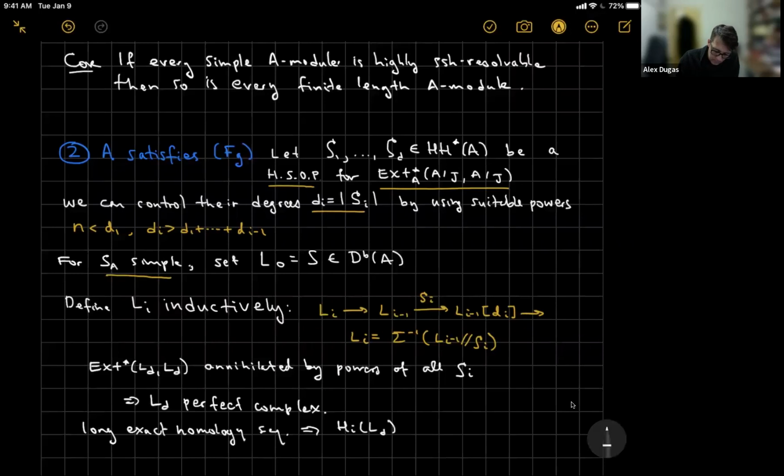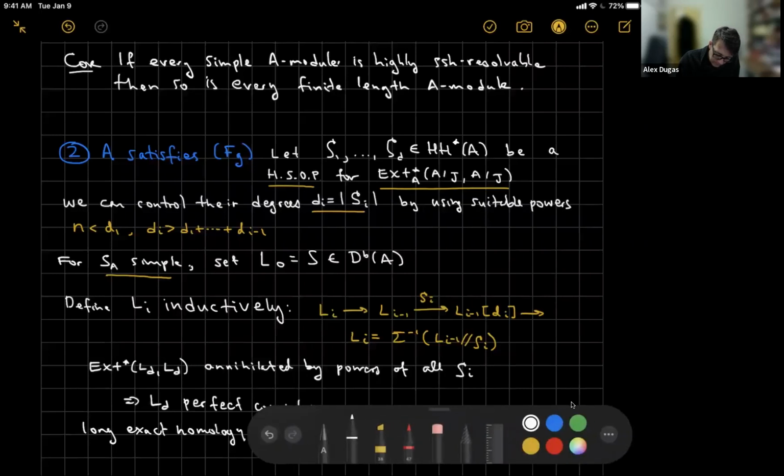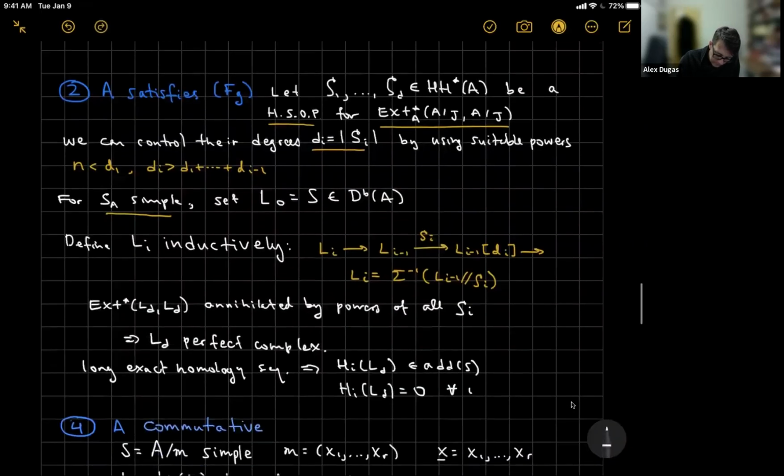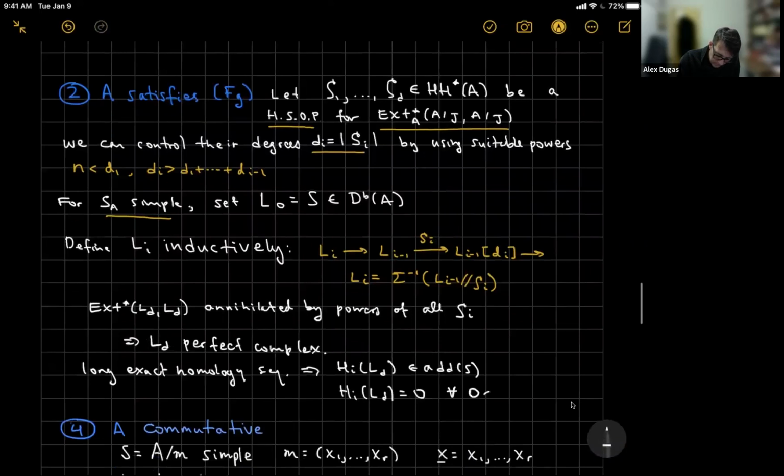So the homology groups of LD are going to be all in add S, and they're all going to be 0 for all i less than or equal to n.